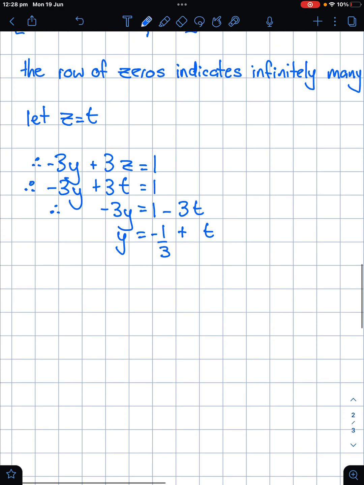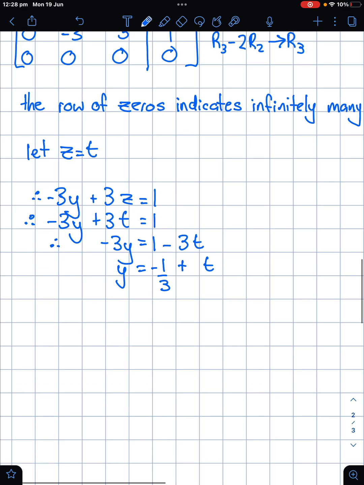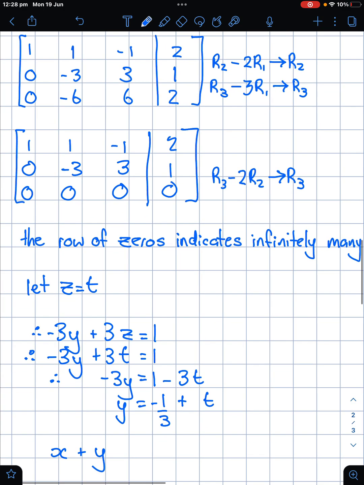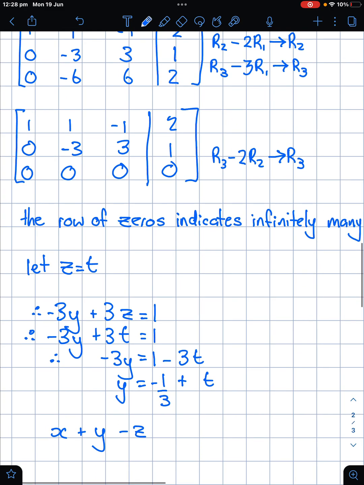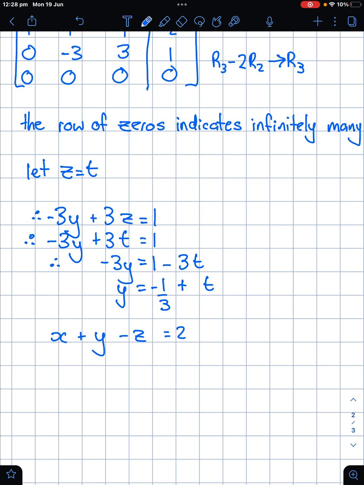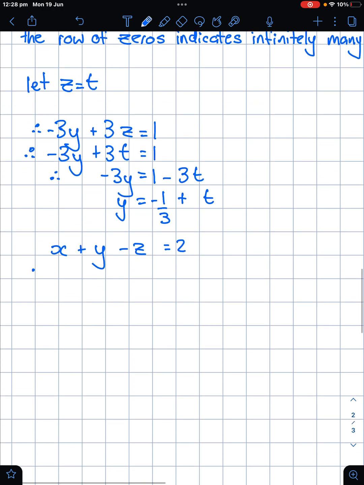So now we can go to our next line up, which is x plus y take z equals 2. We sub our other values in. So we get, therefore, x plus negative 1/3 plus t minus our z value, which is t, equals 2.